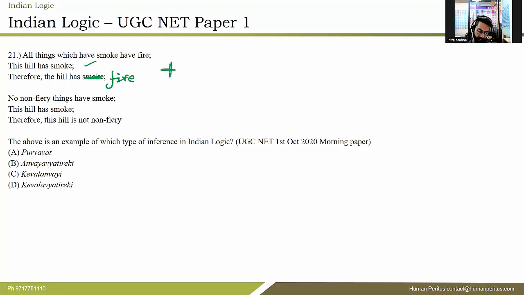This is a positive and this is a negative relationship, right? We have already discussed this. This is Anvaya Vyatireki. It has both positive as well as negative relationship. Middle term is negatively as well as positively related to major term. The correct answer is B.